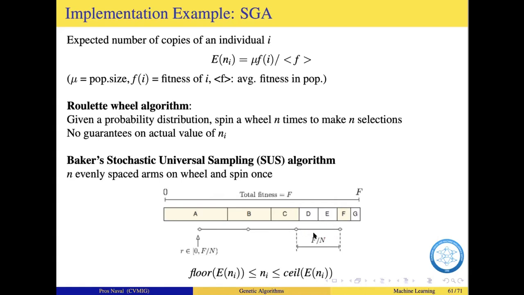So it doesn't mean that if your fitness is low, you have 0 chance of being selected. No? So here we sort of give a chance to the low fitness individuals to be chosen for the next generation.